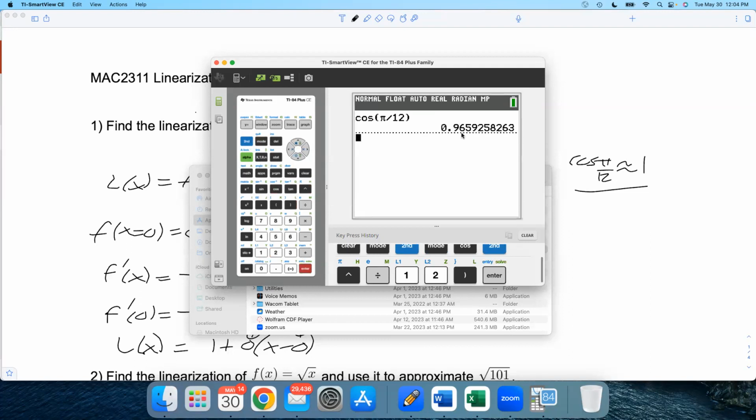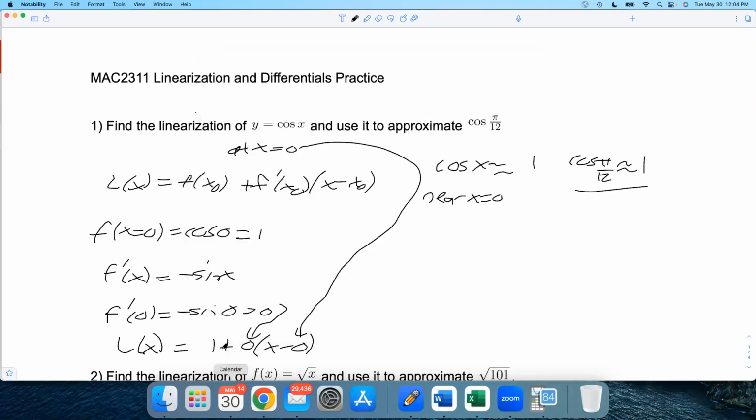See, it's a decent approximation, but not great. The reason we didn't get a great approximation was our derivative at our starting point was 0. So we were approximating the entire cosine curve, which looks like this, with just a straight horizontal line.